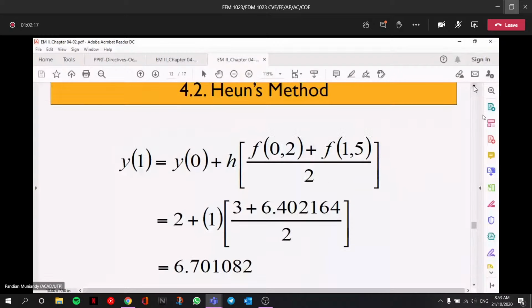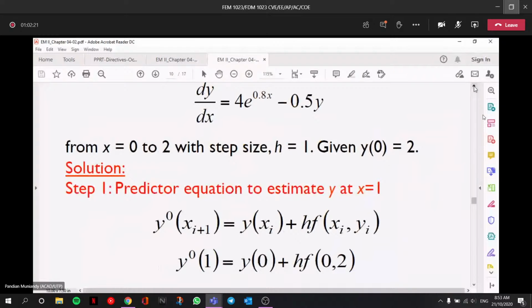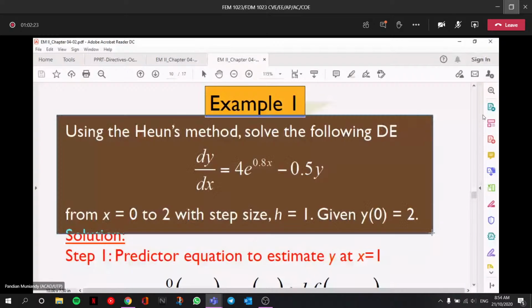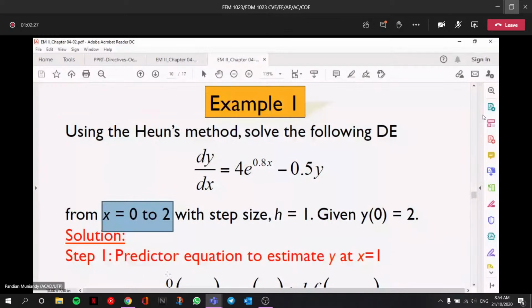So go back again. I repeat again, yeah? So this problem, we are solving from 0 to 2 with the step size h1 with y0, 2. This is the starting point, x0. So at x0, y is 2, already known.